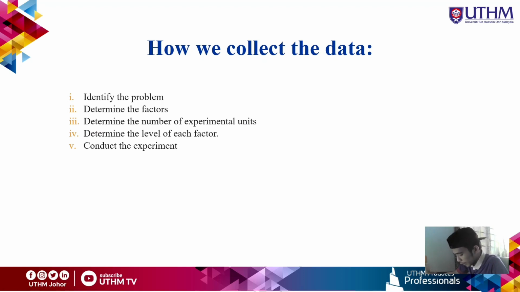After that we determine the number of experimental units and determine the level of each factor, like the number of variations that we use, and last but not least, conduct the experiment. Conduct the experiment is to carry out the procedure under controlled conditions to determine the validity of the hypothesis. That's all from me, and the other parts my group members will do.